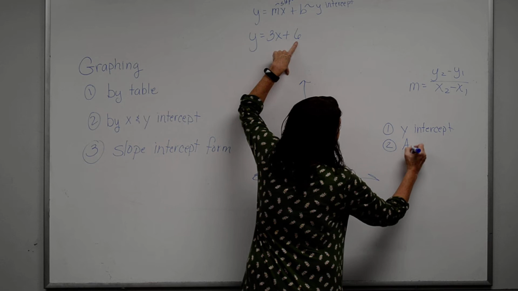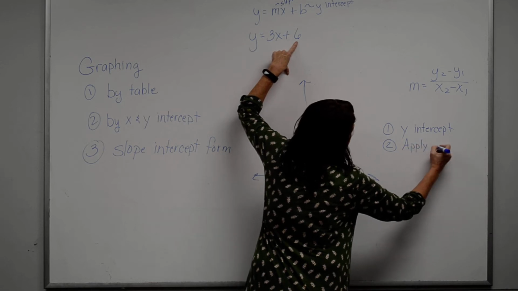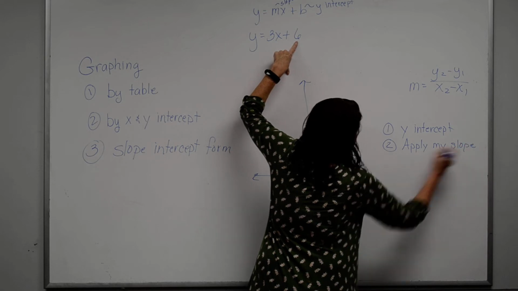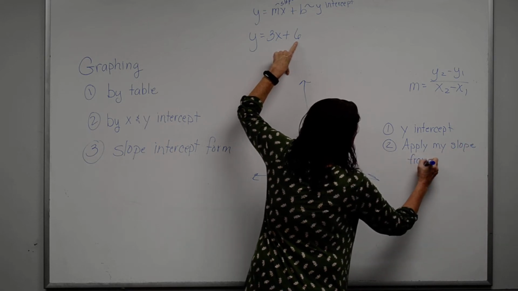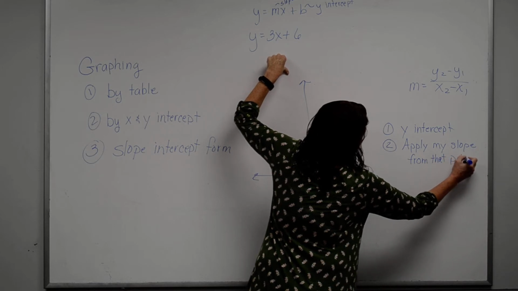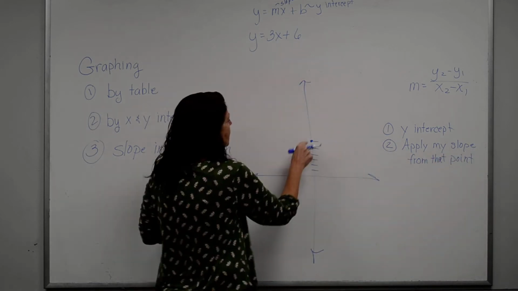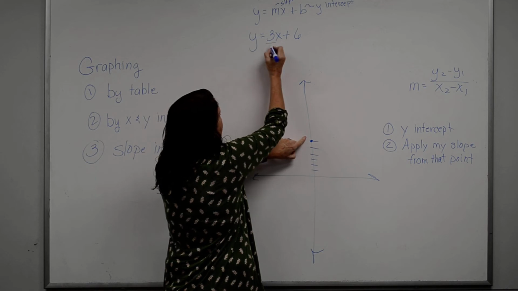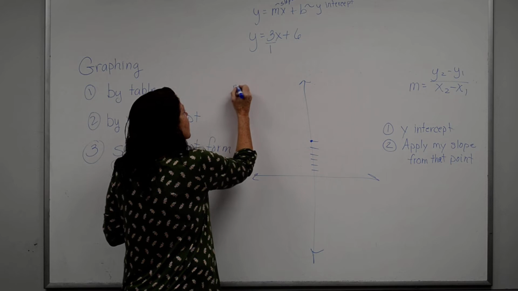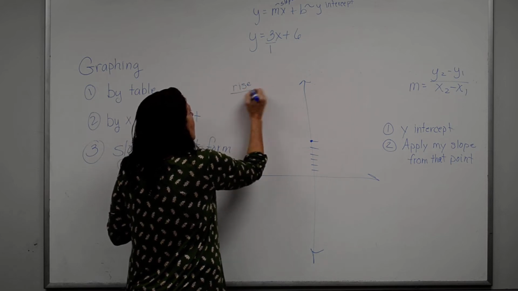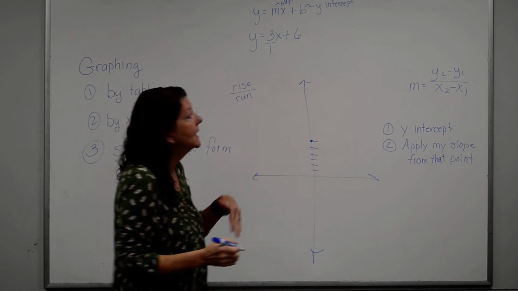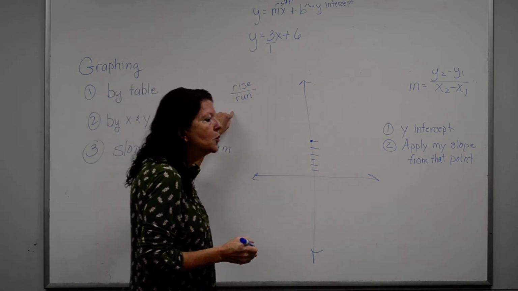I put a point from that. Then I apply my slope from that point. So from this point, here's my slope. My slope is 3, which is the same thing as 3 over 1. Remember, it's rise over run. You can remember that by you have to get up before you run.